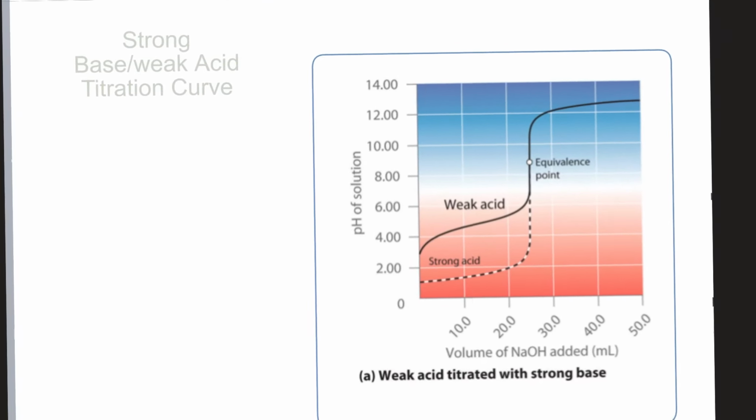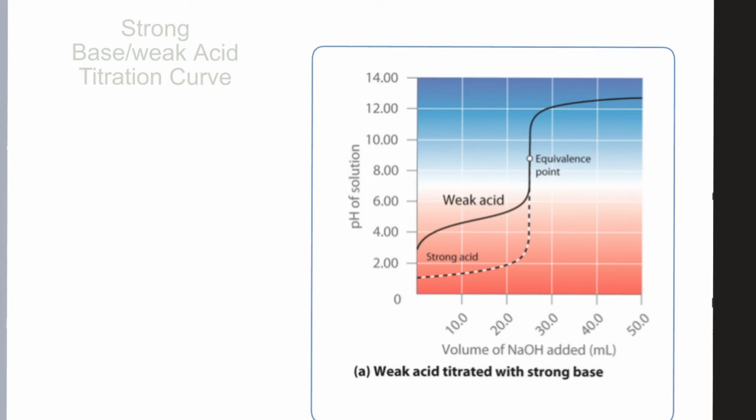Here, this is a titration of a strong base with a weak acid. How do I know this is a strong base? If you look at the equivalence point, here's your drop, and you look at the center of it, you notice that the equivalence point is above 7.